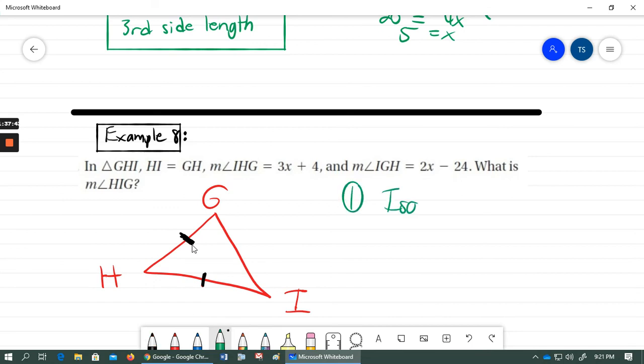I'm not going to work it out, but again, I'm just going to finish labeling it and drawing out this thing, and then I'm not even going to finish solving it, just going to call it after we finish labeling what we need to label. Alright, 3x plus 4, it says the measure of angle IHG.